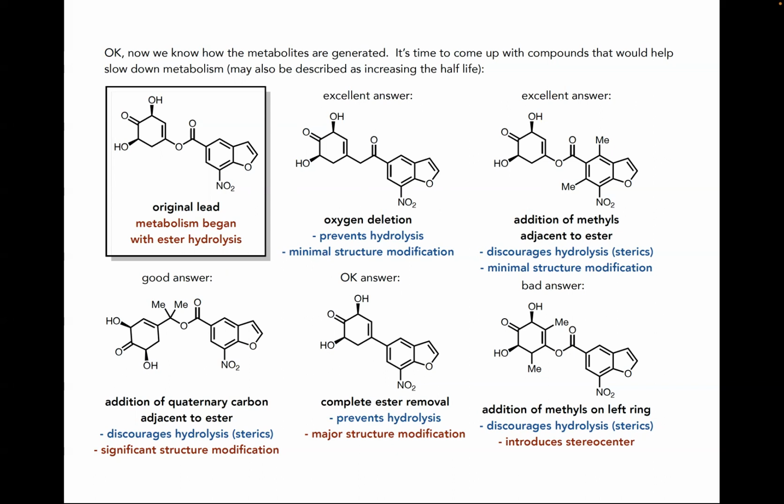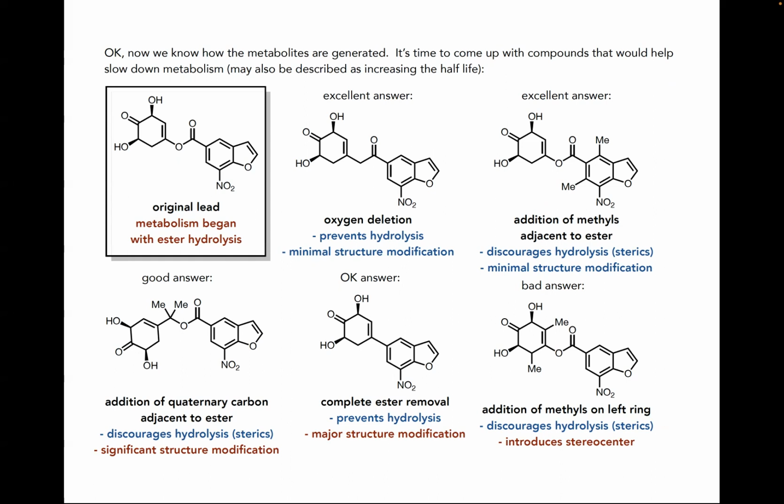The middle and the top, there's an excellent answer: in order to avoid metabolism of that ester, you're just going to take out the oxygen. Right? Then an esterase isn't going to act on it and hydrolyze that bond. So that's a great one. Perfectly great. The other option, though, is to go ahead and add some methyls nearby.